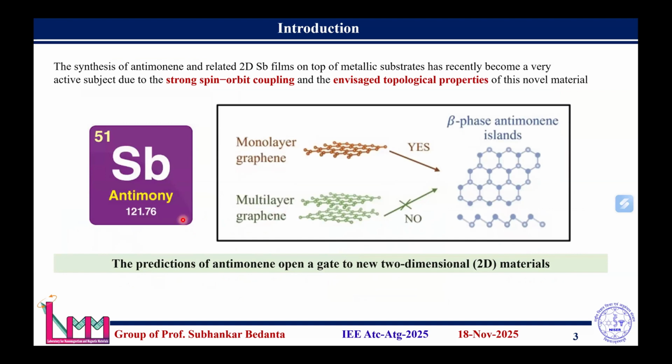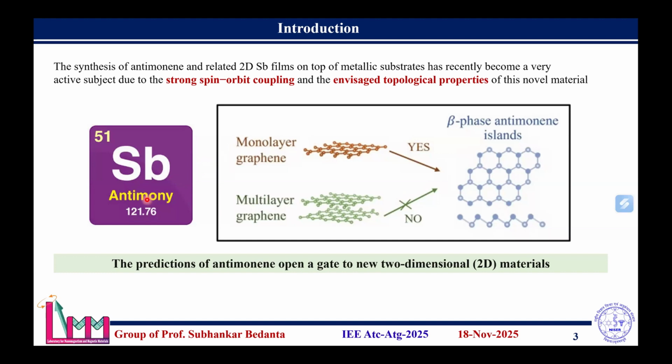The structure of the beta phase of antimony is quite similar to graphene. Graphene is a flat honeycomb-like structure. Antimony is also similar to a hexagonal honeycomb-like structure, but it is not flat; it is slightly buckled. Theoretically, it was predicted that a layer by layer structure of antimony can be synthesized, but only very recently have scientists been able to synthesize this 2D phase of antimony.